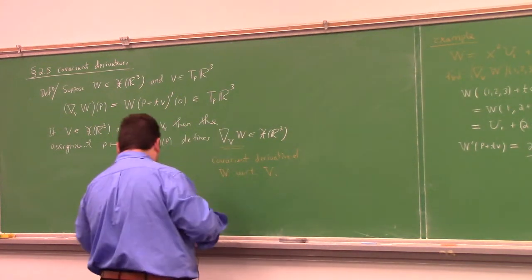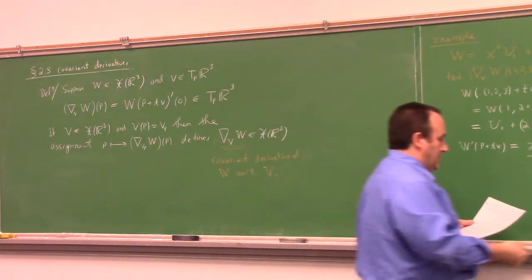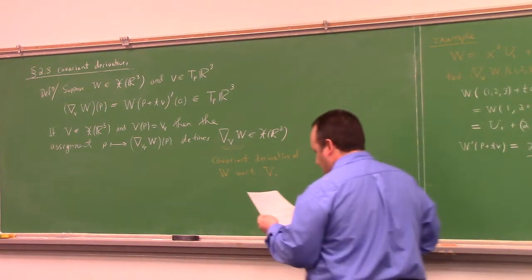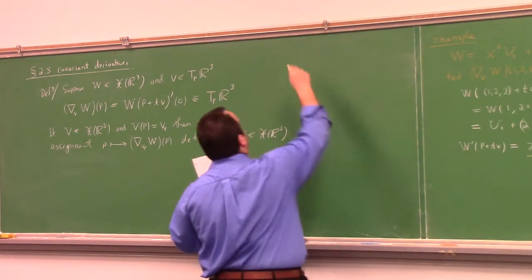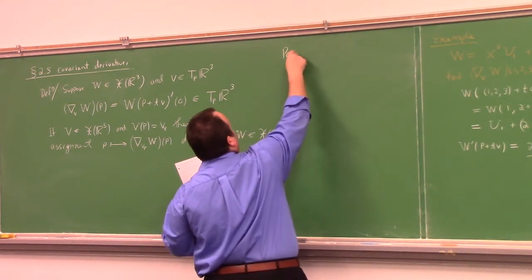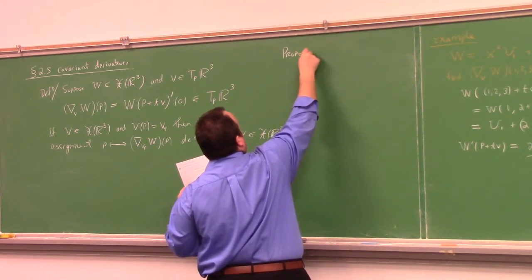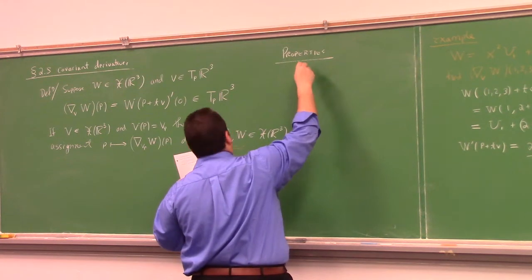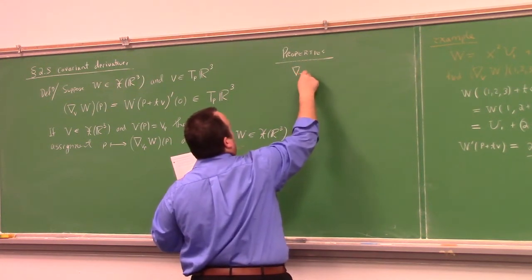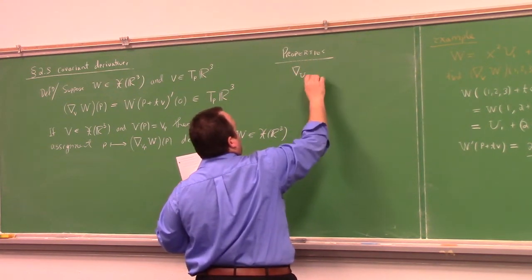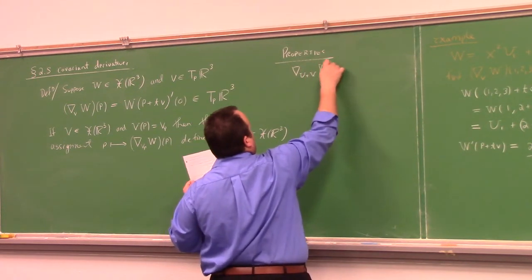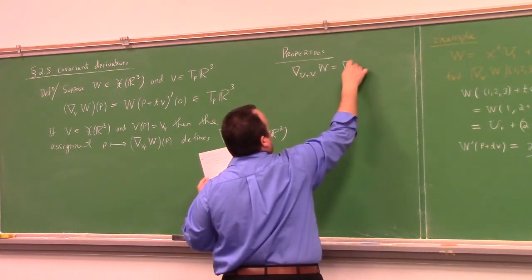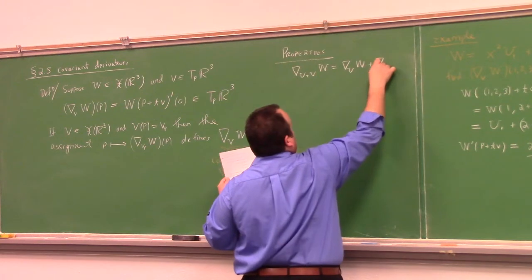Now, there are many nice properties for the covariant derivative. Like we have the covariant derivative of u plus v of w is the covariant derivative of u of w plus the covariant derivative of v of w.